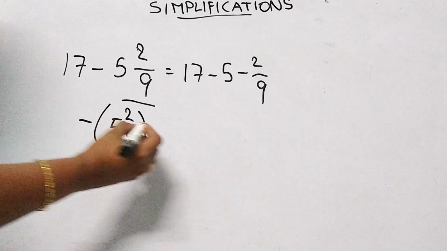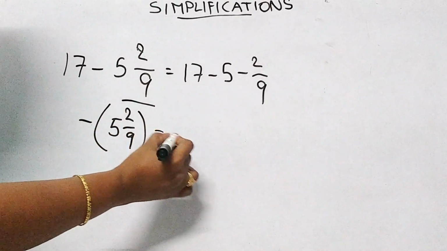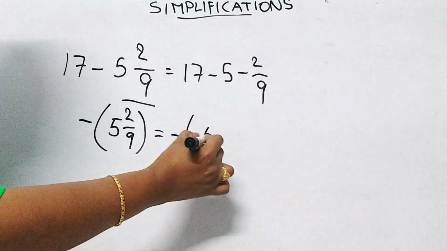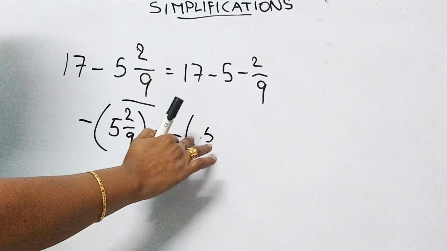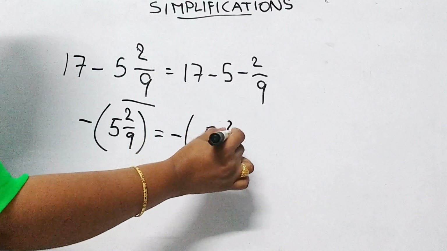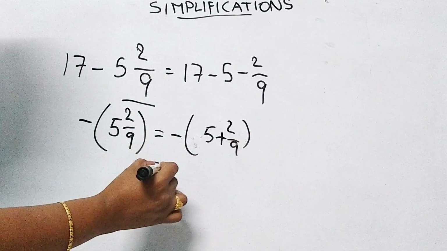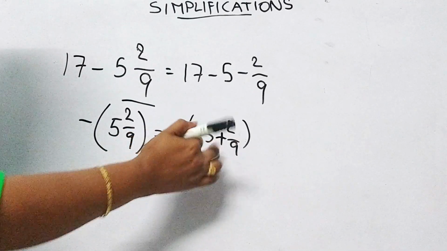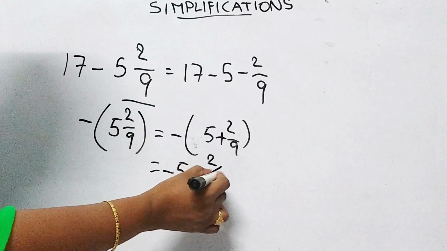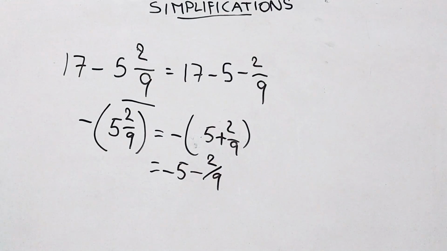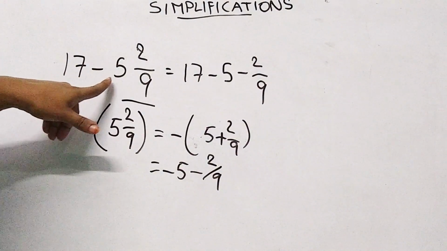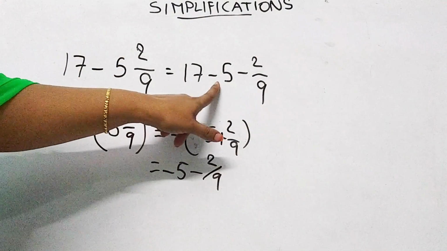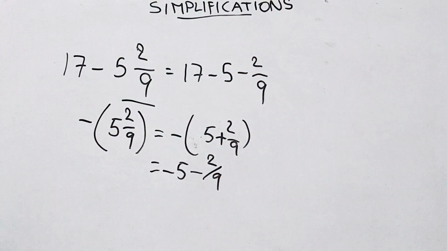So we write this as minus of 5 plus 2 by 9, which is equal to minus 5 minus 2 by 9. That's why I am writing minus 5 2 by 9 as minus 5 minus 2 by 9. So are you clear now?